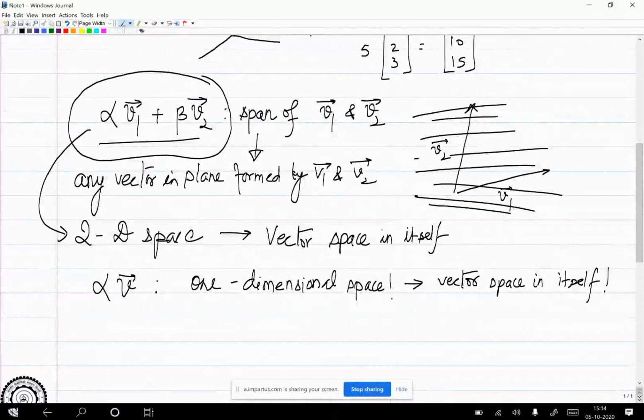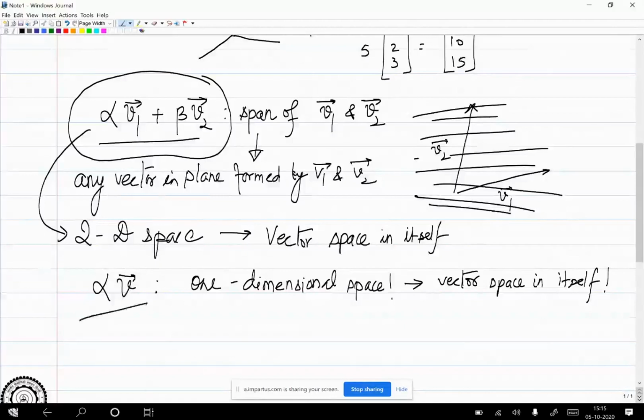So that's why it is closed with respect to addition. And closed with respect to multiplication is also trivial. Take any vector in that plane, multiply with any scalar quantity. What you get is the scaled vector, but in the same plane and in the same direction. So therefore, it is also closed with respect to multiplication.